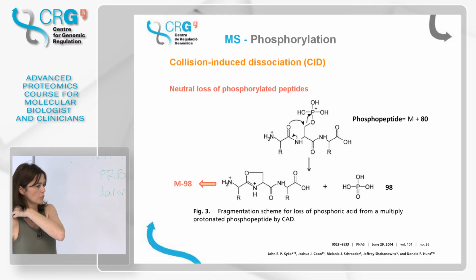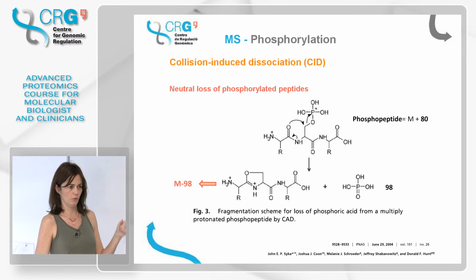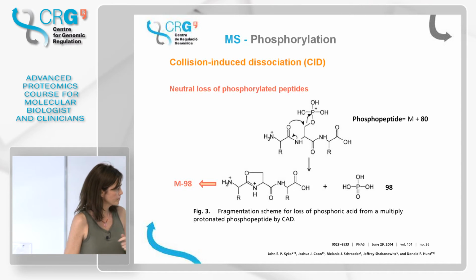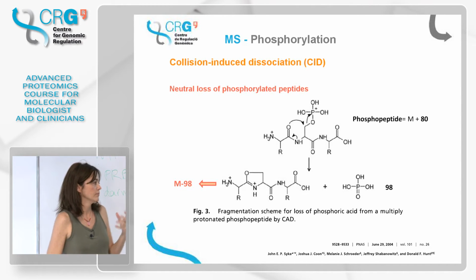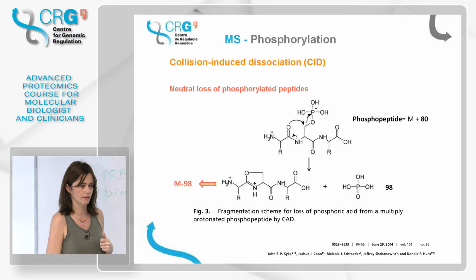One of the most common ways of fragmenting peptides is collision-induced dissociation. What happens when we break the peptides this way and we have a phosphopeptide is that in many cases there is a pretty big loss of the phosphate group. So we end up with our original peptide minus 98, because the phosphate is 80 plus one loss of water.